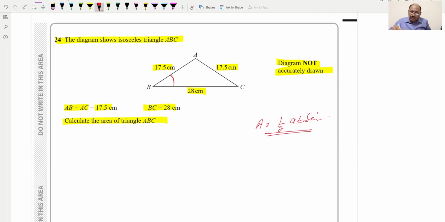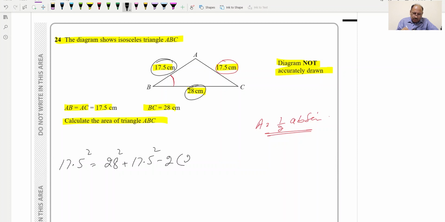So what we will be doing, we will be finding an angle, and how we can find an angle, we can apply cosine rule. So the opposite side is this one, so the square of the opposite side is equal to the other two sides, this one and this one. So we can write 28 squared plus 17.5 squared minus 2 into 28 into 17.5 and cos of angle B. Now we can shift everything to the side.